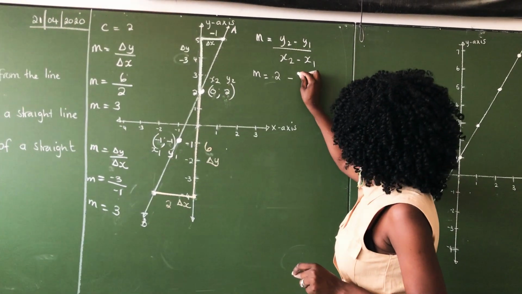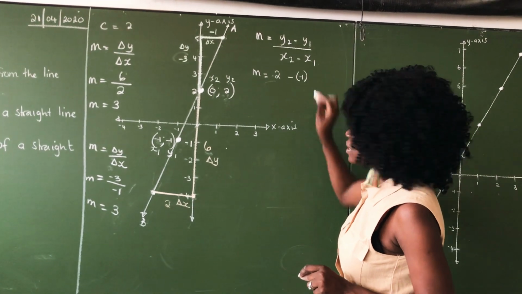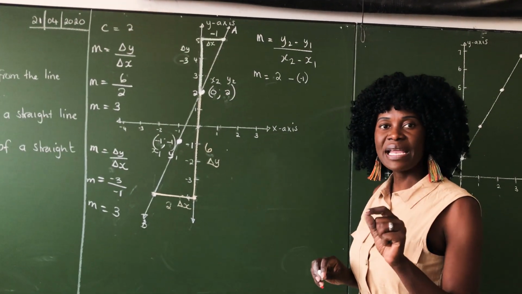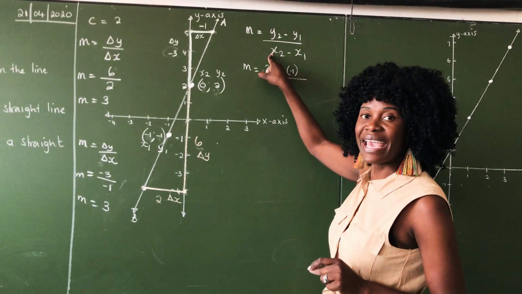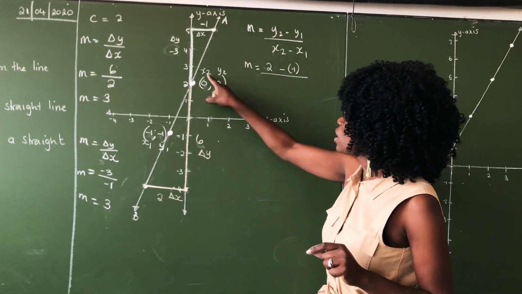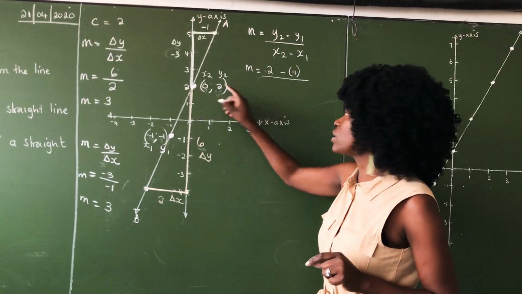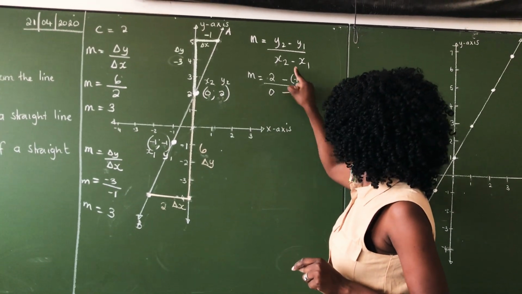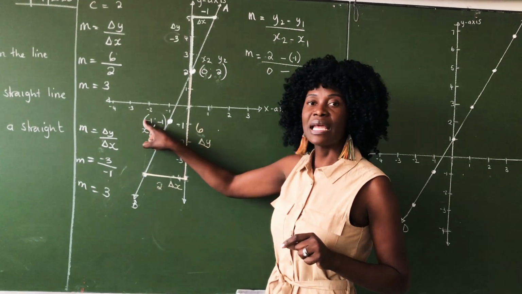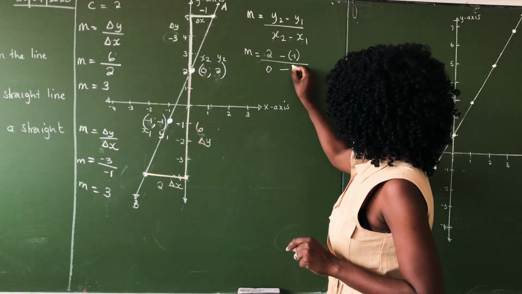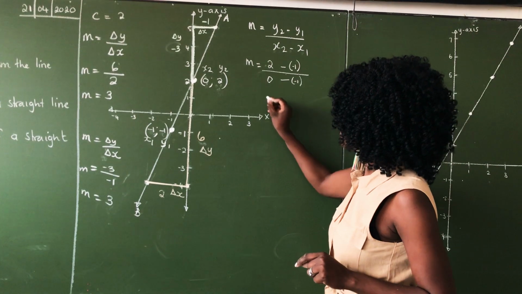It's a negative number, so we need to put it in brackets. So it's 2 minus (-1), divided by x2. What is our x2? The value of x2 is 0, minus the value of x1. x1 is -1, so we also have to put that in brackets.